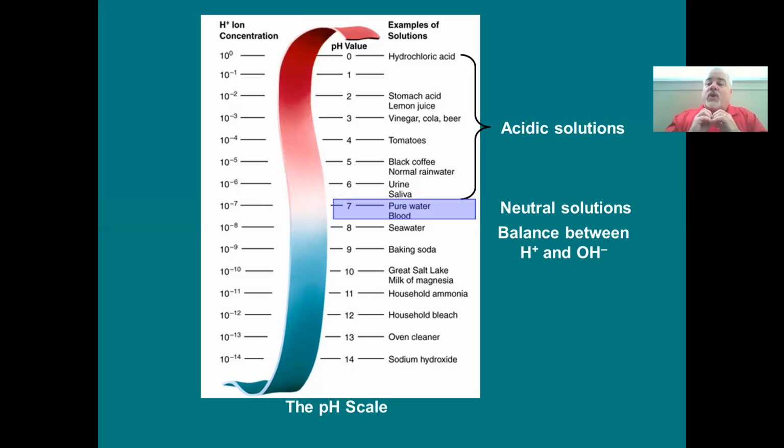And what happens when you dissolve some gases, like carbon dioxide? A little bit of carbon dioxide dissolved in water becomes carbonic acid and bicarbonate. And when it goes from carbonic acid to bicarbonate, it's releasing hydrogen ions.